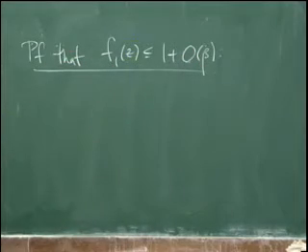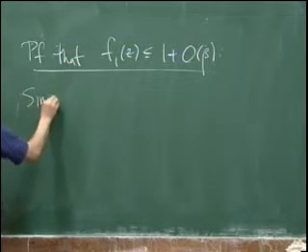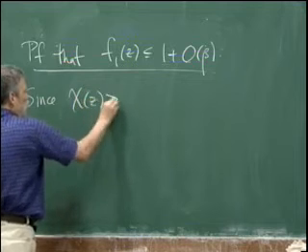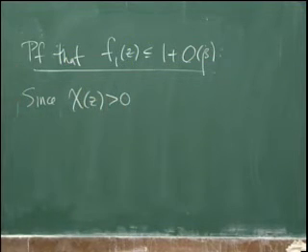F consists of 3 parts. We have to prove that each one of those 3 parts is less than 1 plus order beta. So let's start with F1. Now, the susceptibility is non-negative. And we have to use the lace expansion.